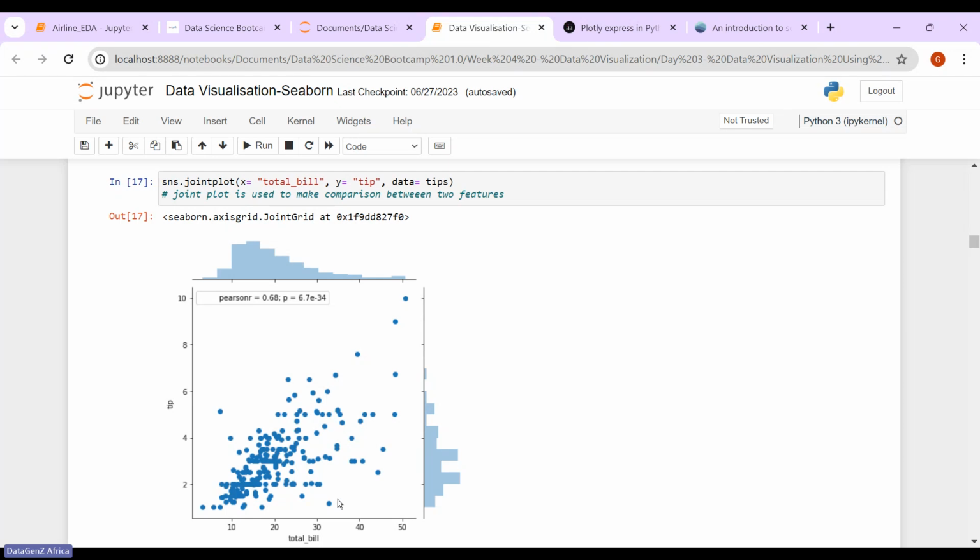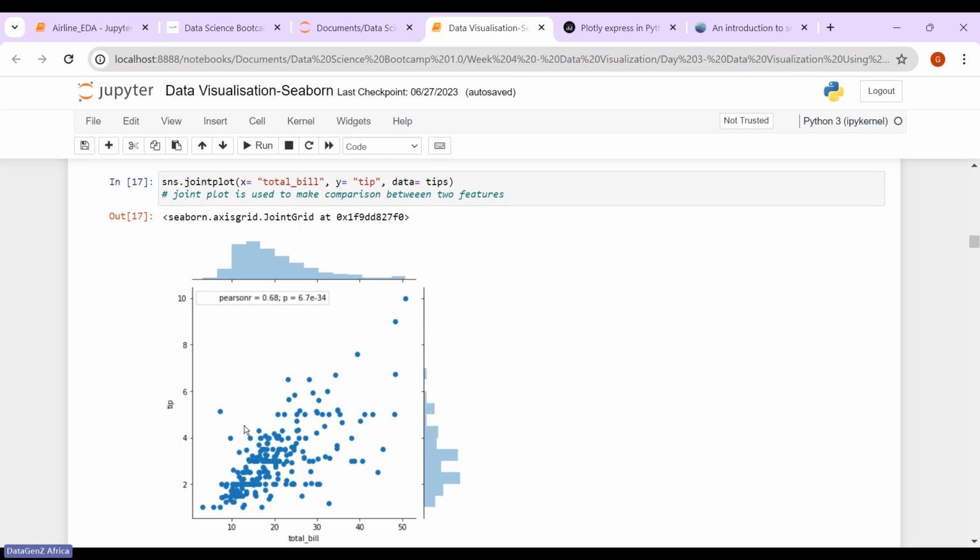So this shows you if there is a strong relationship between tip and total bill. That is, as the total bill is increasing, it's possible that people give higher tips. That's the way to interpret it when you have a positive correlation. If the correlation is actually 1, that's when you have a very strong correlation.